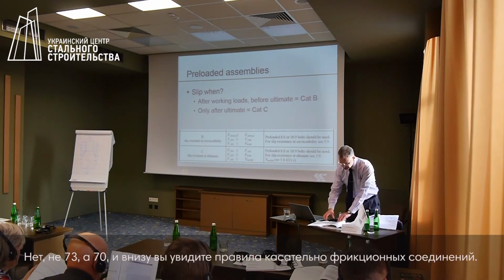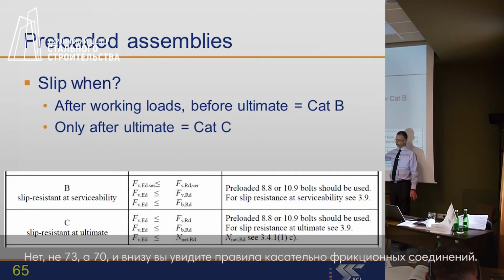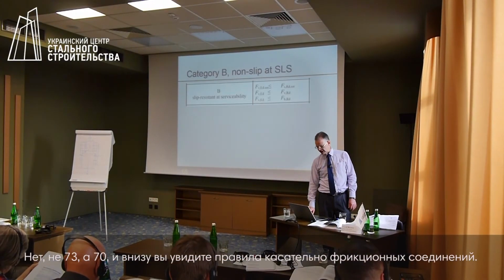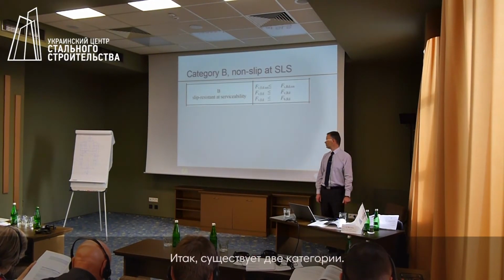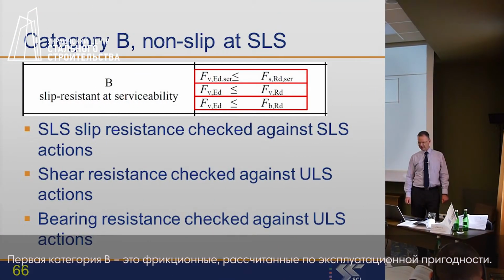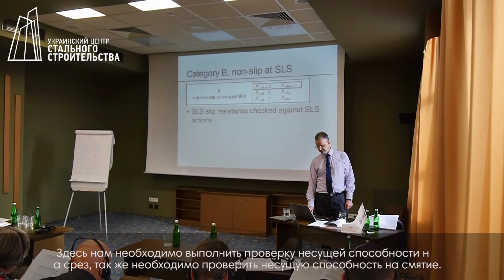Back on page 70 of your guide, down at the bottom of the table, it tells us the rules about slip-resistant connections. So there are two categories. Category B, non-slip under serviceability loads. We need to check the shear.